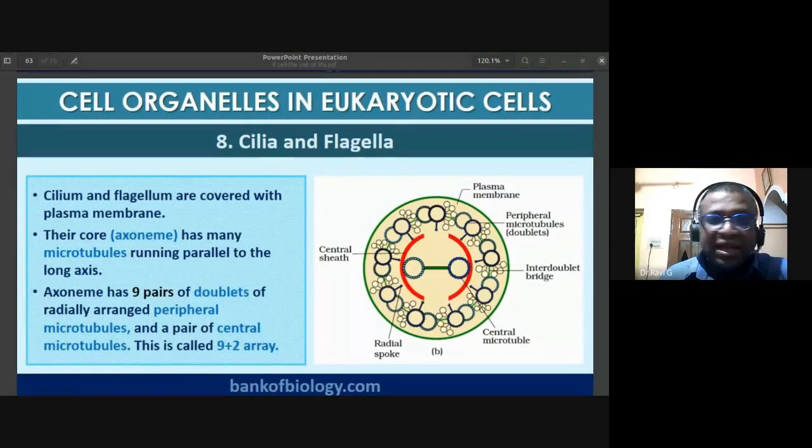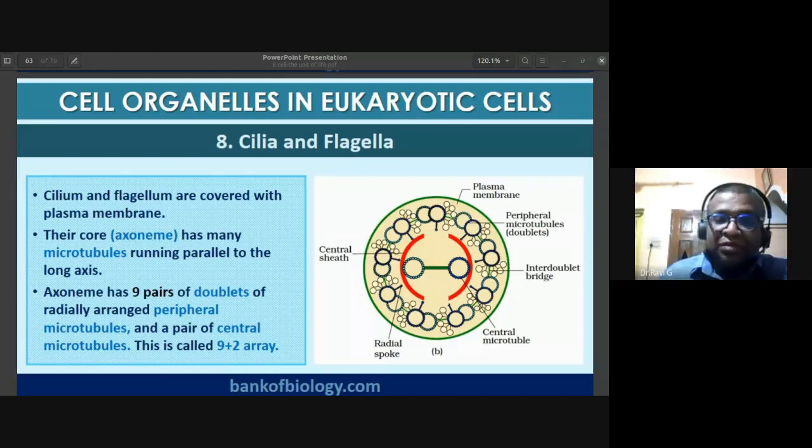The axoneme has 9 doublets radially arranged as peripheral microtubules, and a pair of central microtubules. So they have 9 radially arranged peripheral doublets and a pair of central microtubules.